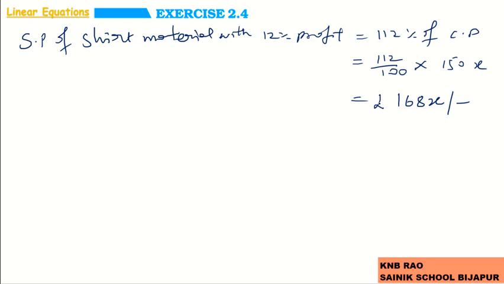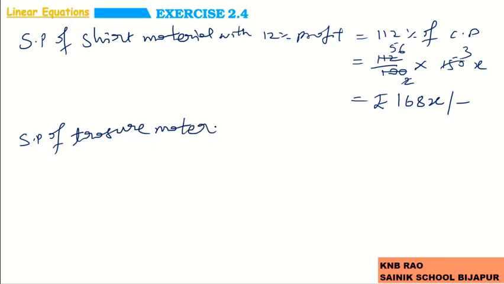So, 168x, because here 5 threes are, 5 twos are 10, 5 ones are 5, so 56 threes is 168x, the selling price of shirt material. Selling price of trouser material with 10% profit gives 110% of CP.